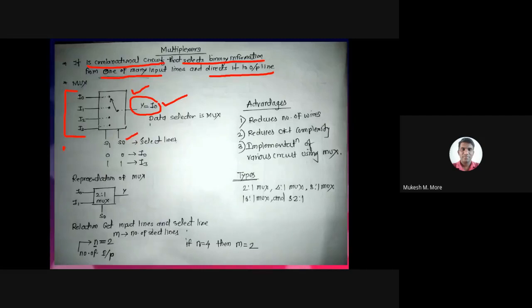The number of select lines is based on the number of input lines. In this example we have 4 input lines and 2 select lines, represented by S0 and S1. This is a 4 to 1 mux, with input lines I0, I1, I2 and I3, and Y is the output.